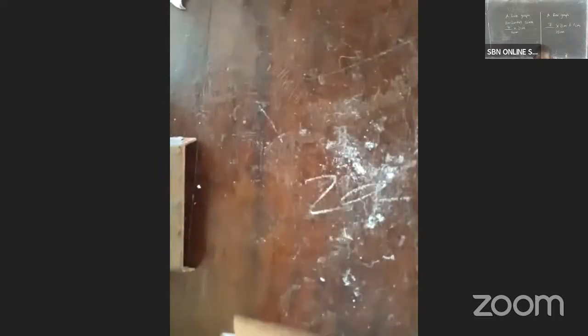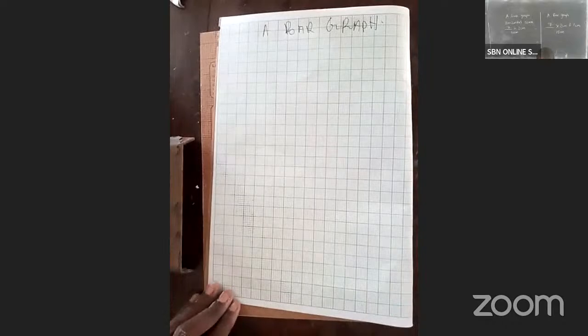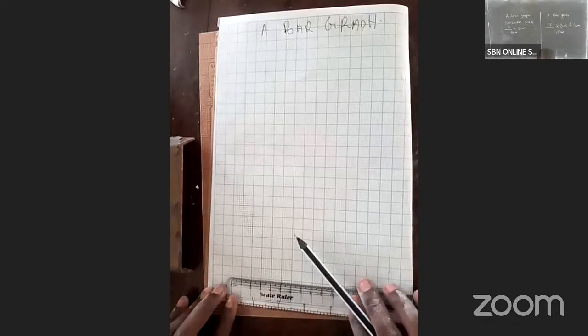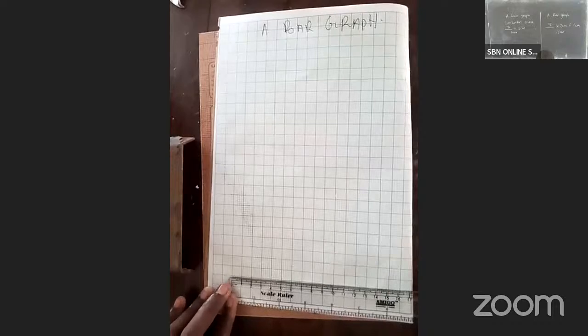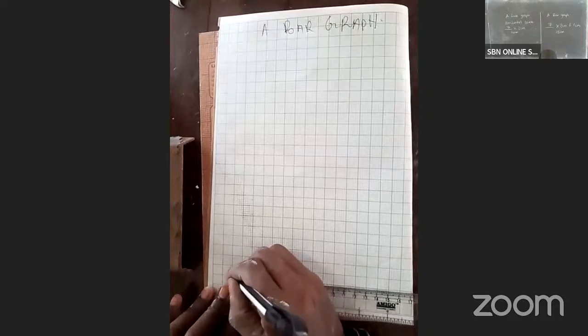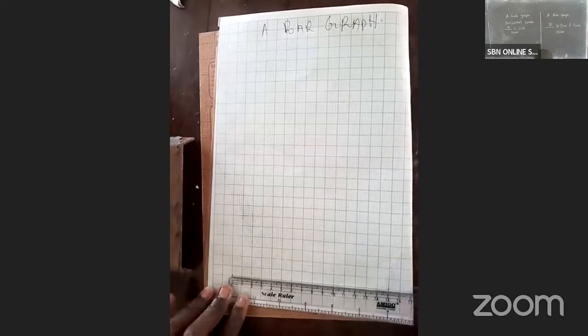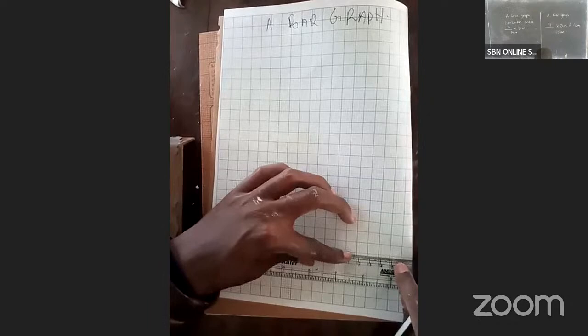How will the horizontal line for the bar graph look? It will look like this. You get your ruler, and we have said how many centimeters we are taking for the bar graph? 15. So I mark here where my 15 is ending, then I draw the line here.